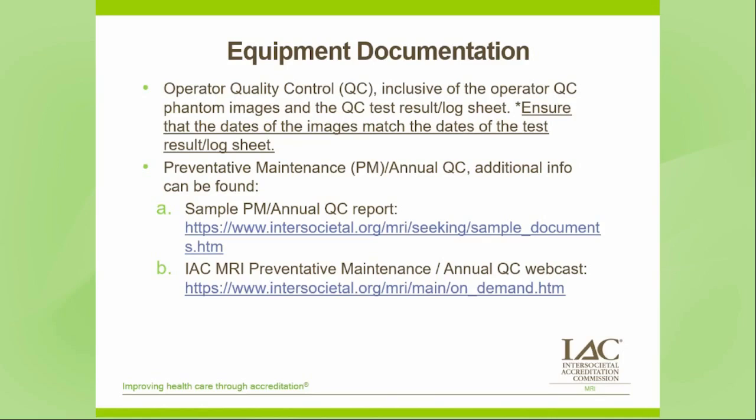Now, for the submission of the PM or the annual physics QC, the most common oversights are the omission of the name of the engineer or physicist that's doing the assessments, the date of the report being too far in the past. Keep in mind that we require that the PMs or annual surveys are dated within a year of the submission of the app.